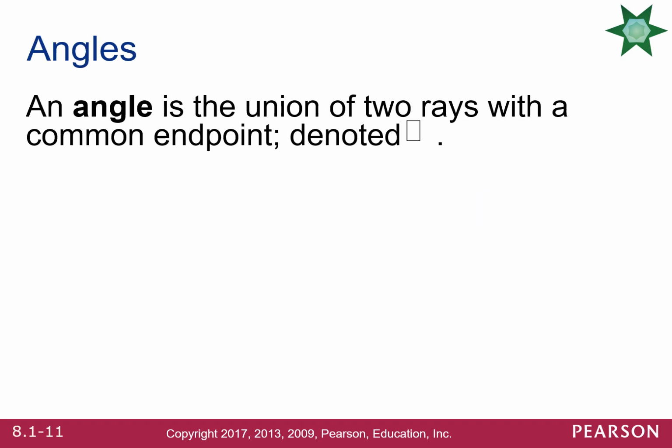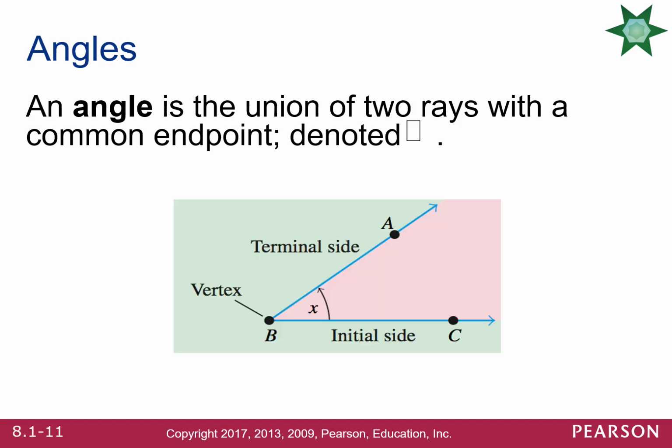Now, another fundamental geometric figure is an angle. What is an angle? How do we define it? It is the union of two rays with a common endpoint. So recall that rays are essentially lines or line segments. A ray starts at one point and extends indefinitely in one direction.